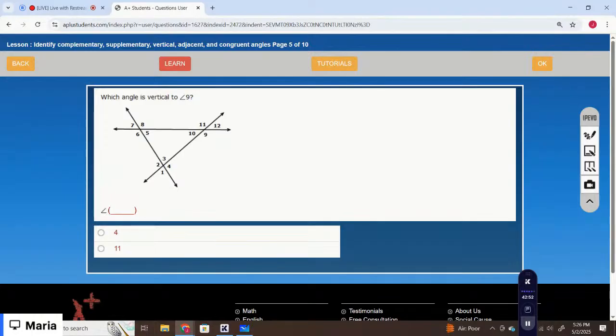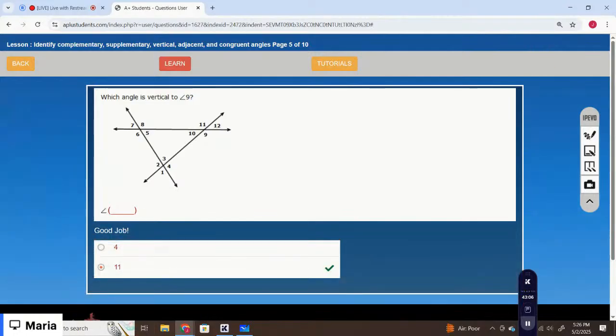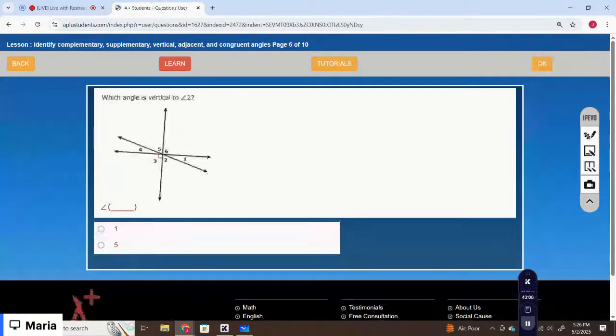Which angle is vertical to angle 9? That is angle 11. Vertical angles are the angles that are formed on the opposite sides of two lines that are intersecting each other. So angle 11 is the correct option.